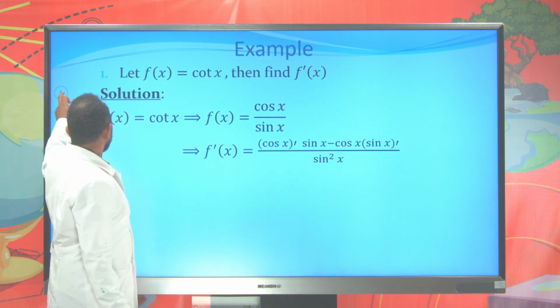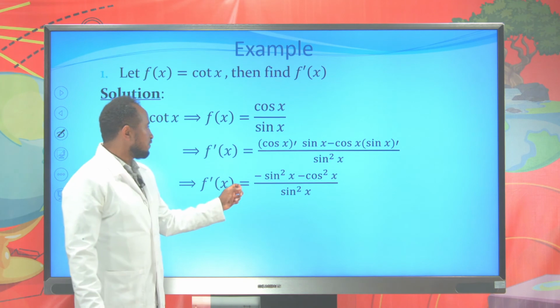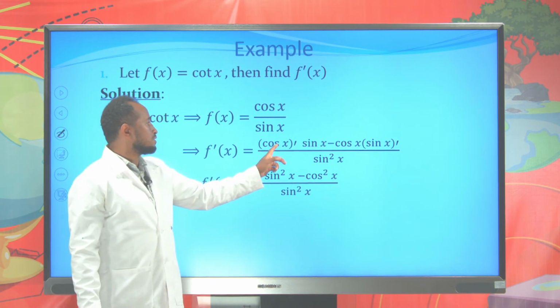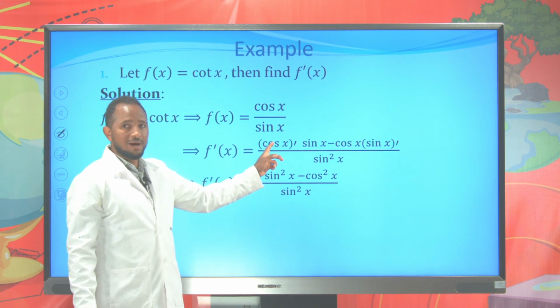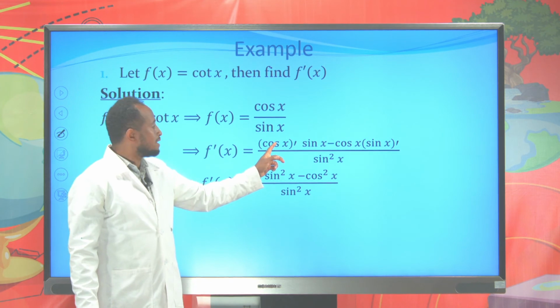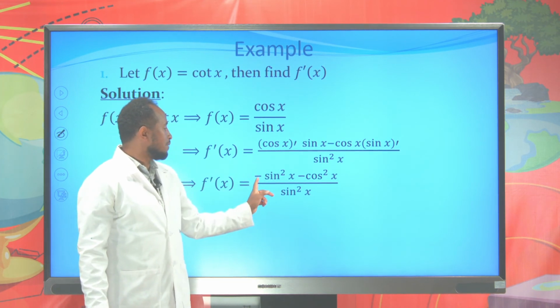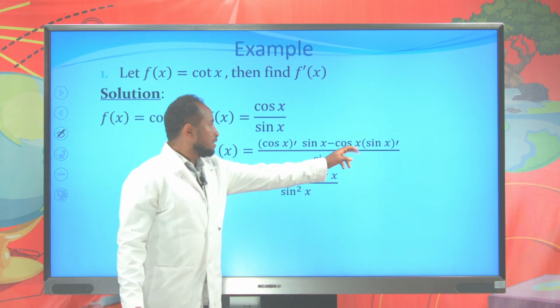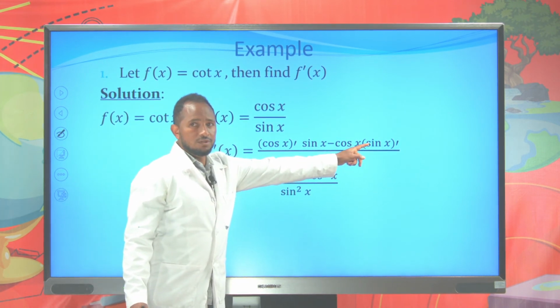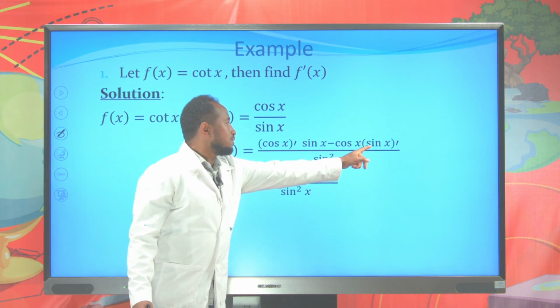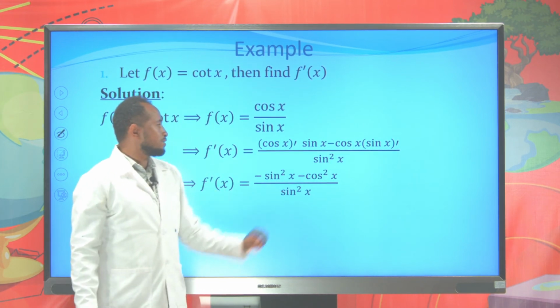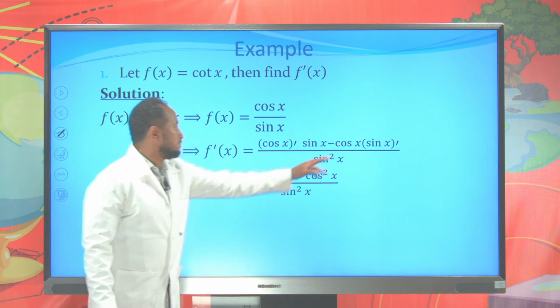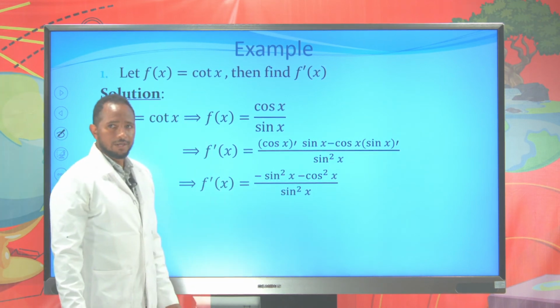Simplifying this, f derivative of x equals the derivative of cosine, which is minus sine. Therefore minus sine times minus sine is minus sine squared x, minus the derivative of sine x which is cos x. Therefore cos x times cos x is minus cos squared x, divided by sine squared x.